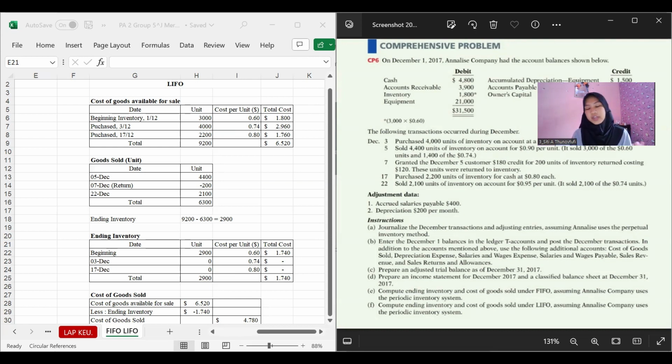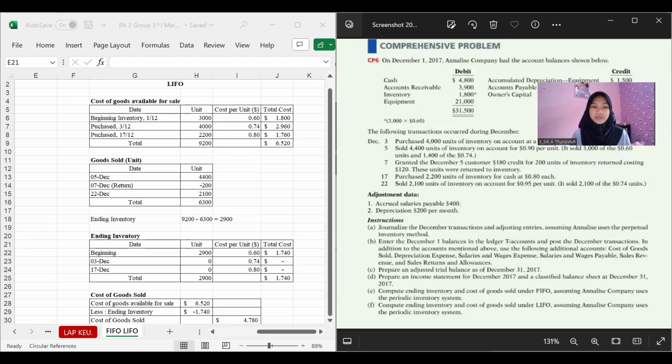To find ending inventory and cost of goods sold, first we will look for the cost of goods available for sale and goods sold.